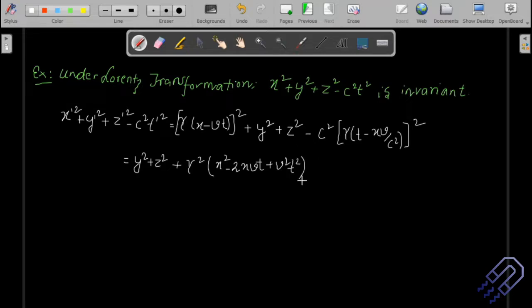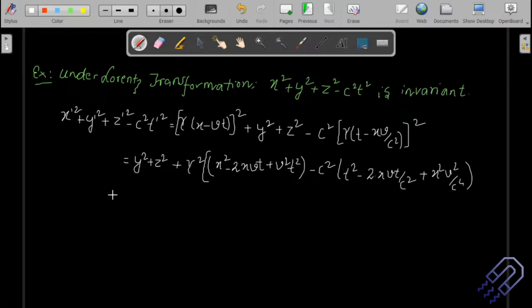Then there is a minus sign, so I'll take this as minus c square. Gamma square is with both, so let me use this bracket and expand this: t square minus 2 times x vt divided by c square, then plus x square v square by c to the power 4, just squaring.